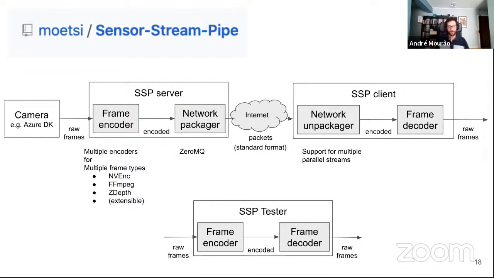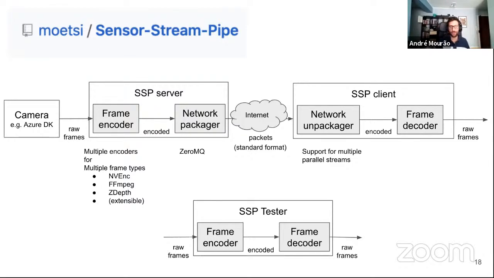If multiple devices are streaming at the same time, you don't have to worry about that, because SSP will deliver them as they come. Multiple frames will arrive in a round robin way: one frame from one device, another frame from the other device, and then repeat.